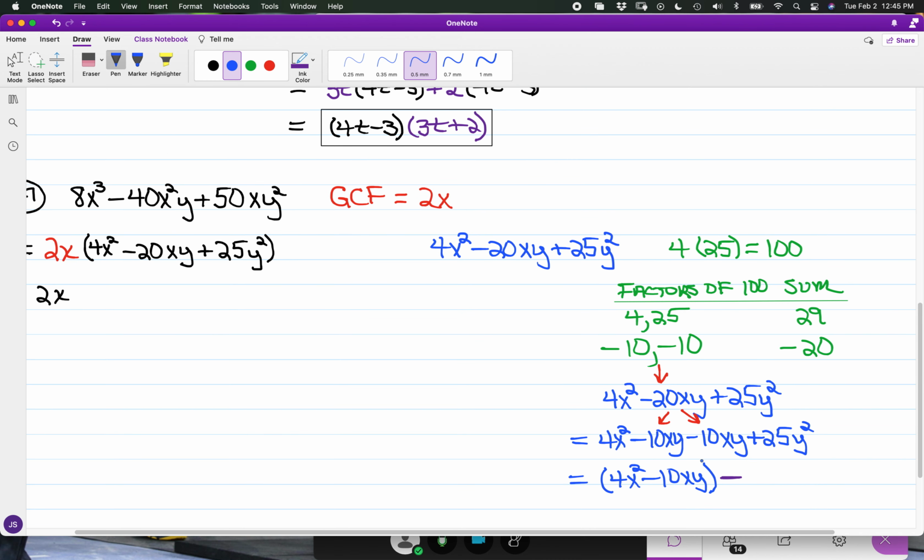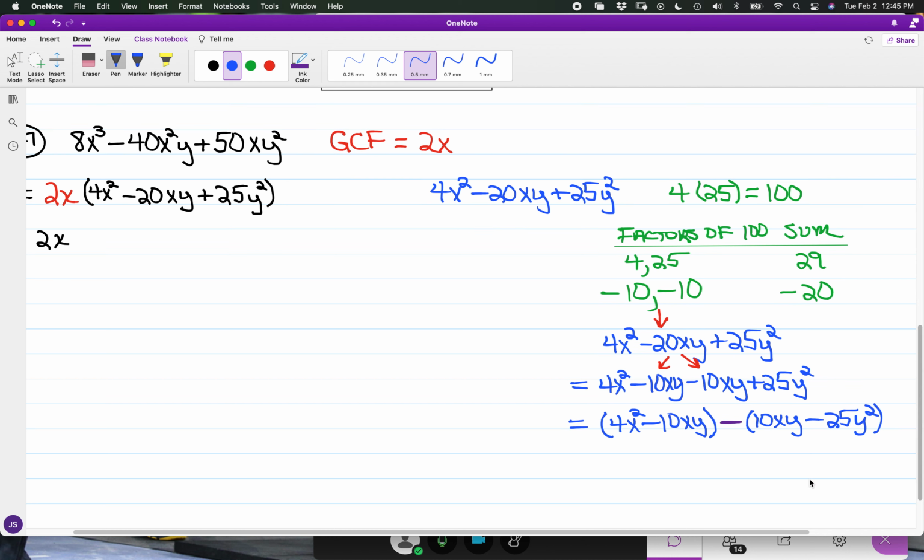So we have negative 10xy, which will be the opposite sign of 10xy. And for 25y squared, I'm factoring out subtraction, in this case essentially negative 1. Negative 1 will go into 25y squared, minus 25y squared times. Again, you can always check by removing parentheses.